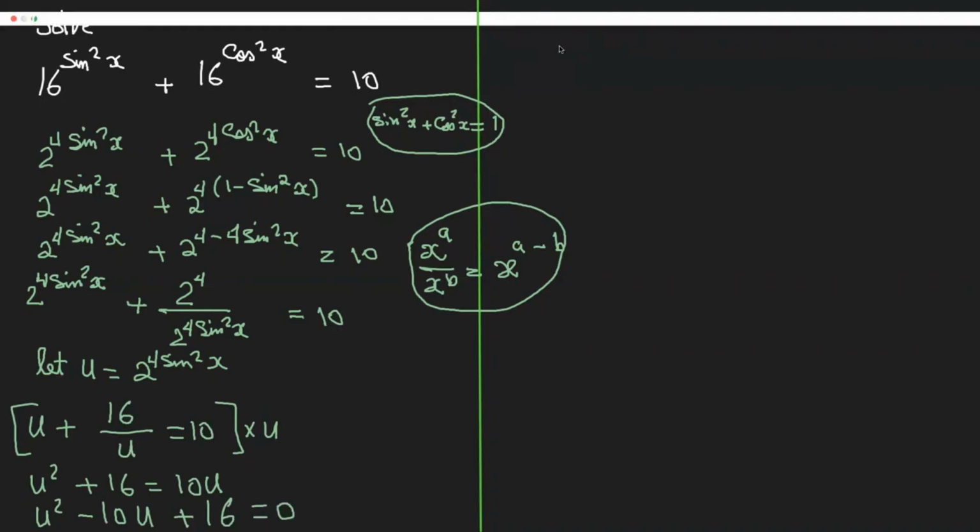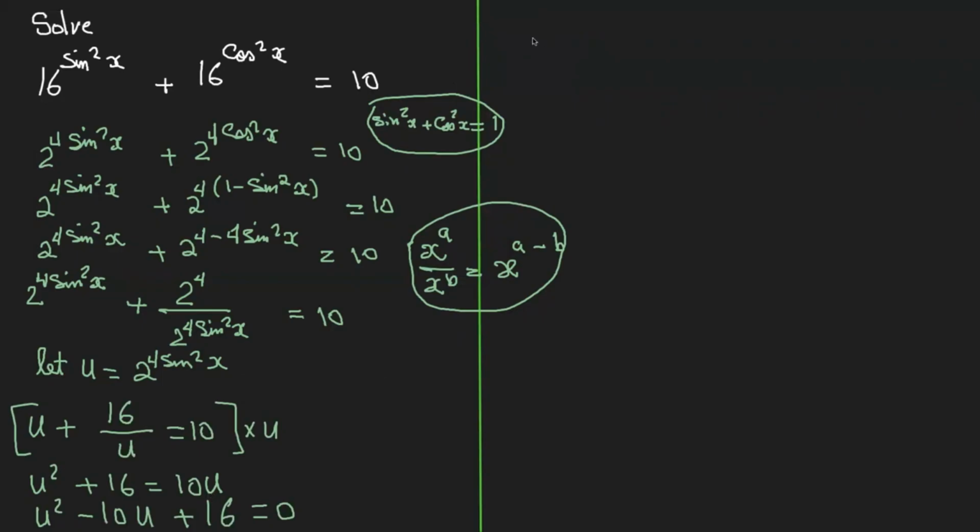So again, we had u squared minus 10u plus 16 equals 0. I will factor this.